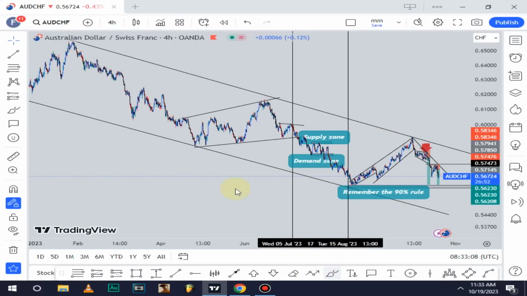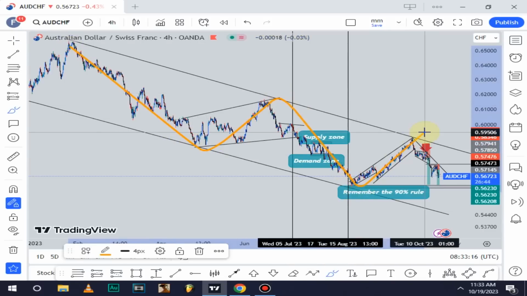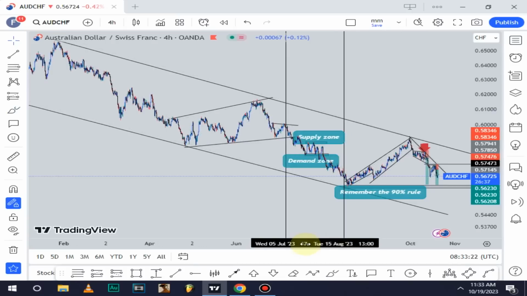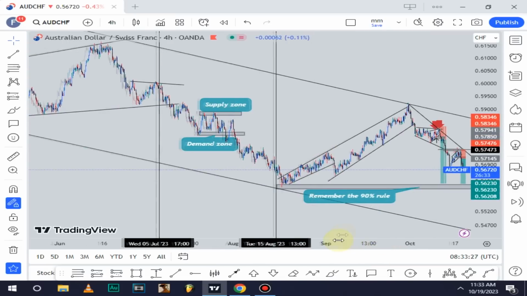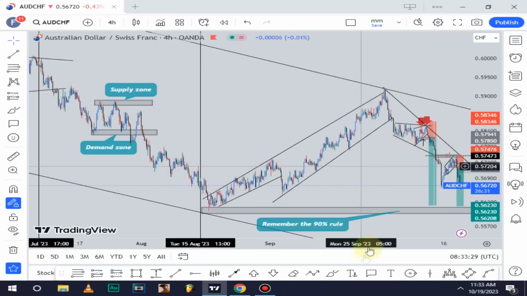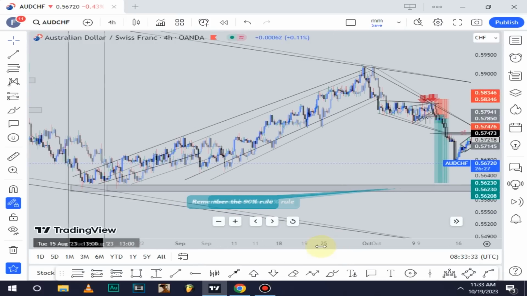We had this impulse move, correction, impulse move. After a correction comes an impulse. That is the easiest way, guys, to survive this market. You need to understand what the market is doing and interpret it. The moment you have the idea where the market is trying to go, then I believe you will survive.